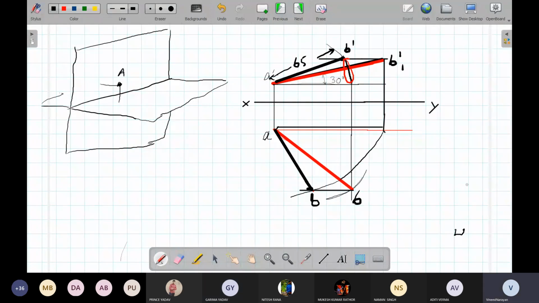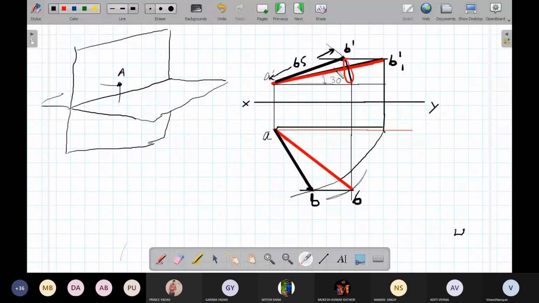I will repeat that quickly if you have not understood. So first I started with this AB1 because I knew the length of the true line. The length of the true line I have drawn, and its inclination with HP was also known, that is 30 degrees. So I drew that first because that was known to me.